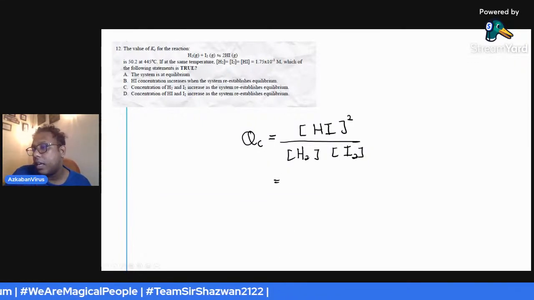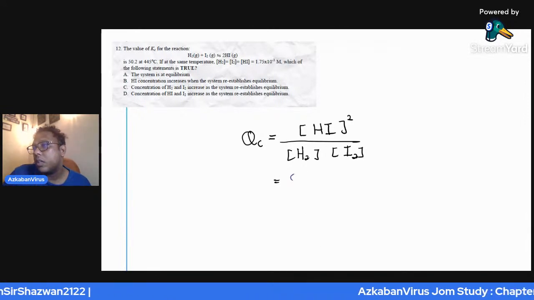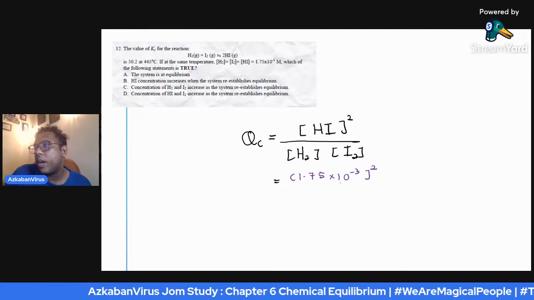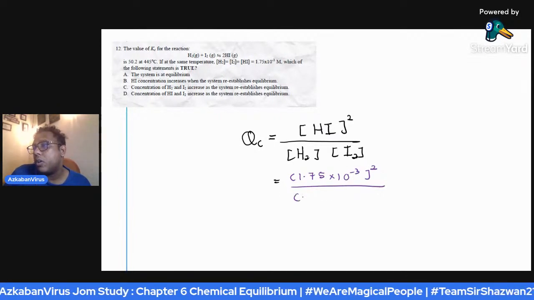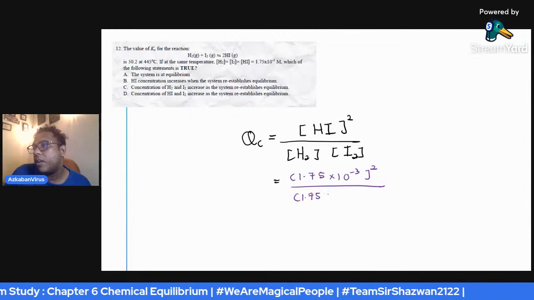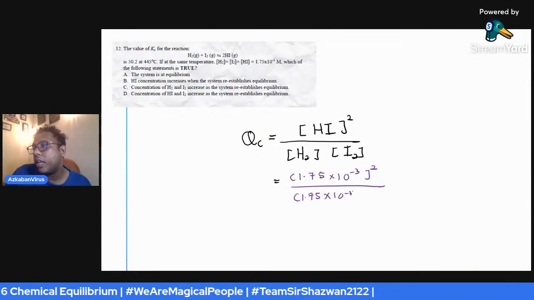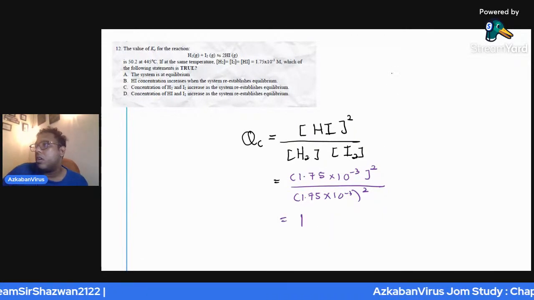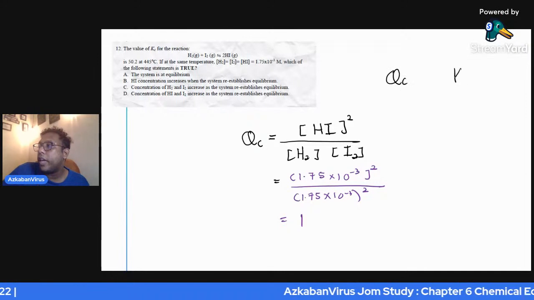Nilai QC adalah 1.75 times 10 power of negative 3 squared bahagi 1.75 times 10 power of negative 3 squared. Sebab nilai dia sama kan? So this is equal to 1. So remember, Queen control King.